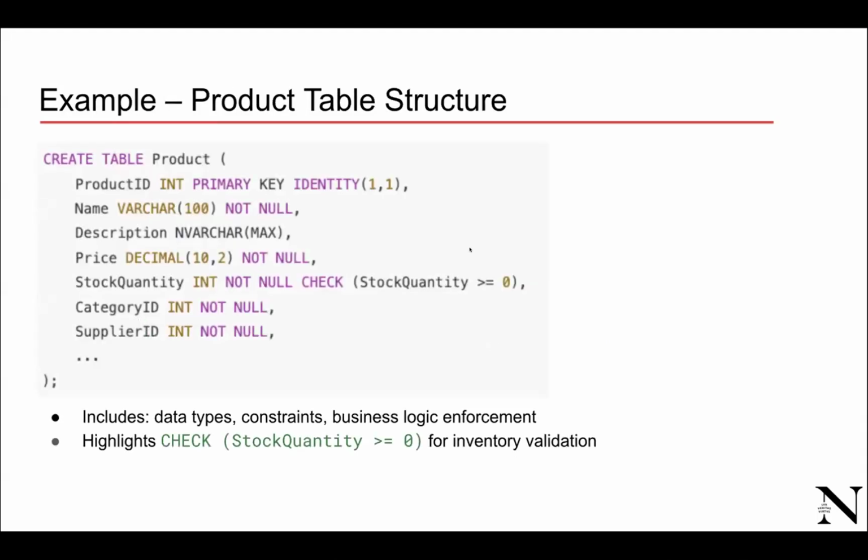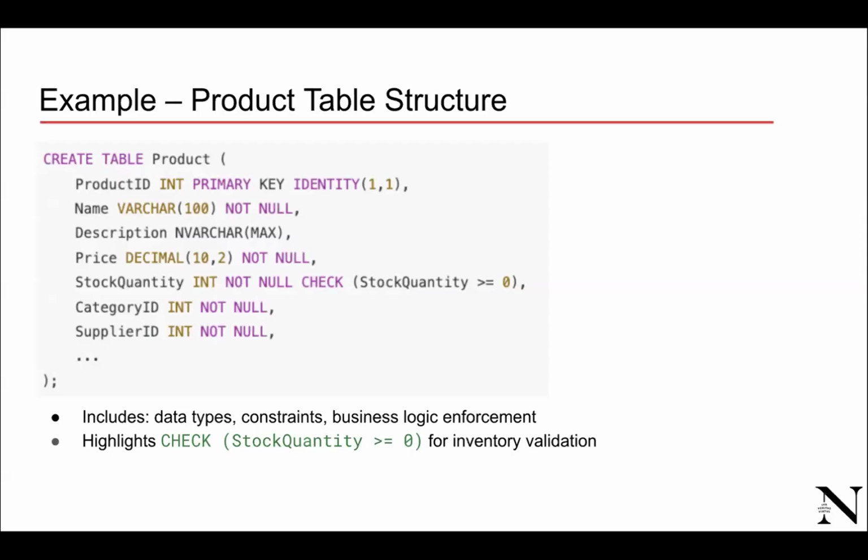One of our code examples is our product table. Here's the structure we use. You can see the code here. In this table, we use identity (1,1) for the primary key, product ID. Not null ensures fields like name, price, and stock quantity are always provided.